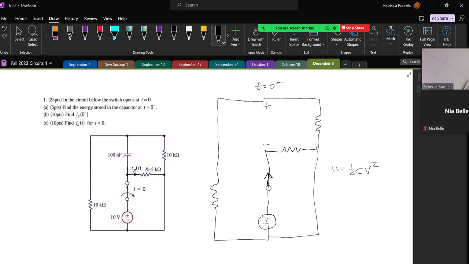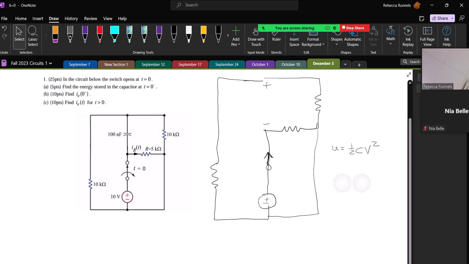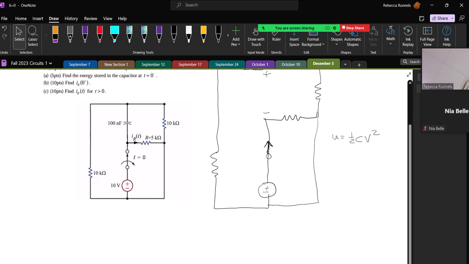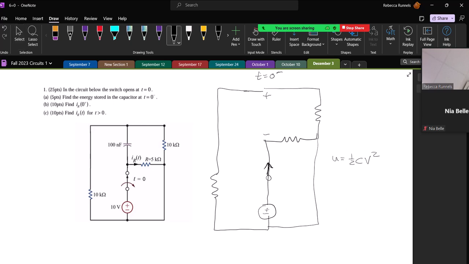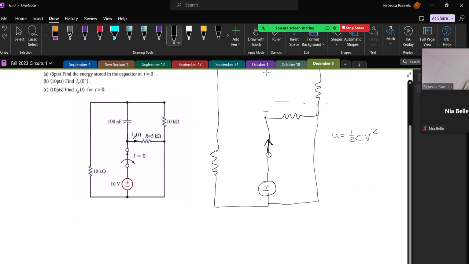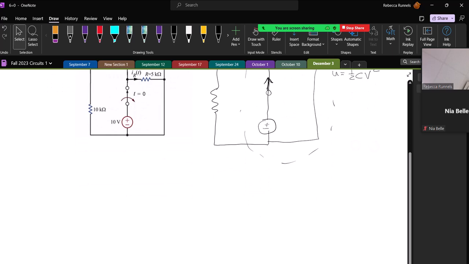Now, the way this circuit is set up right now is kind of strange, but we can make it look a little more normal if we consider that we've got this loop right here that's got our voltage source and a resistor.